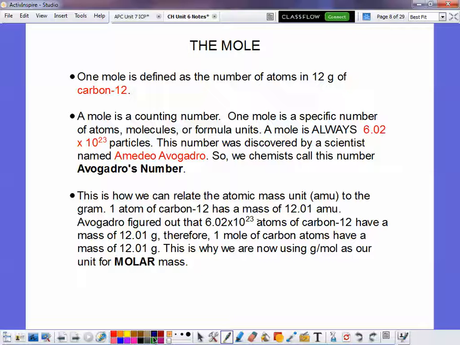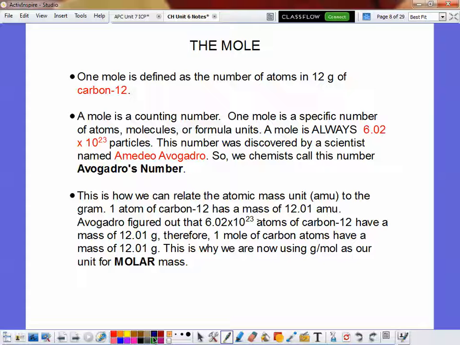The word dozen is a substitution for a specific number. If I said I have a score of eggs, does anyone know what a score is? 20 eggs. A score is a word that will substitute for a specific number.